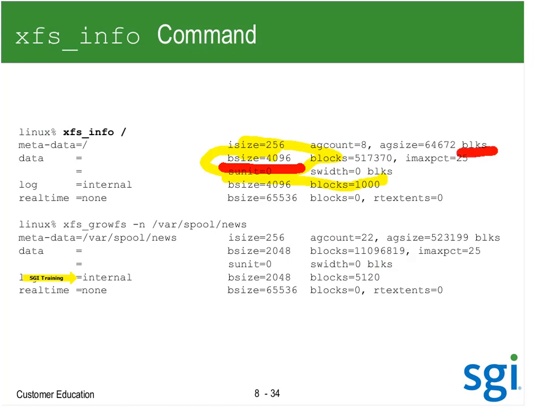I would have preferred calling them allocation units, AUs. That was the older naming convention for a file system block. Note in this case I've only got 8 allocation groups. This one I got 22. Notice it's var spool news, so that can be to my advantage. And this is actually an old xfs_info.